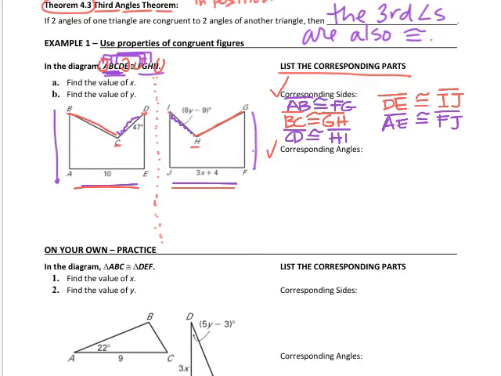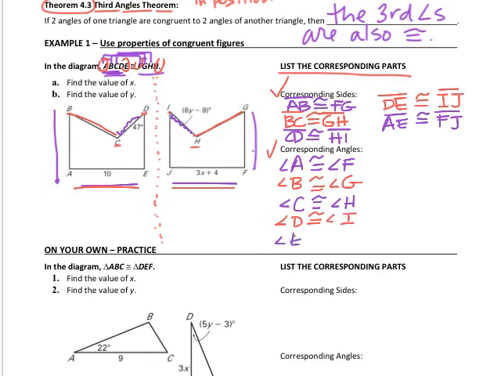So we can say that angle A is congruent to angle F. Angle B is congruent to angle G. Angle C is congruent to angle H. Angle D is congruent to angle I. And then finally, angle E is congruent to angle J.